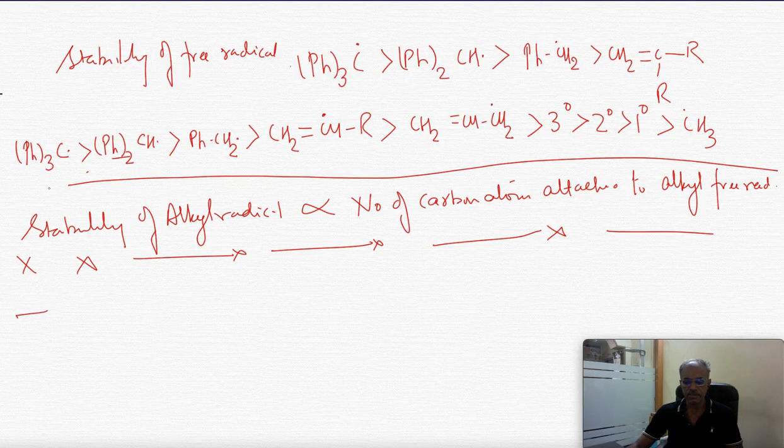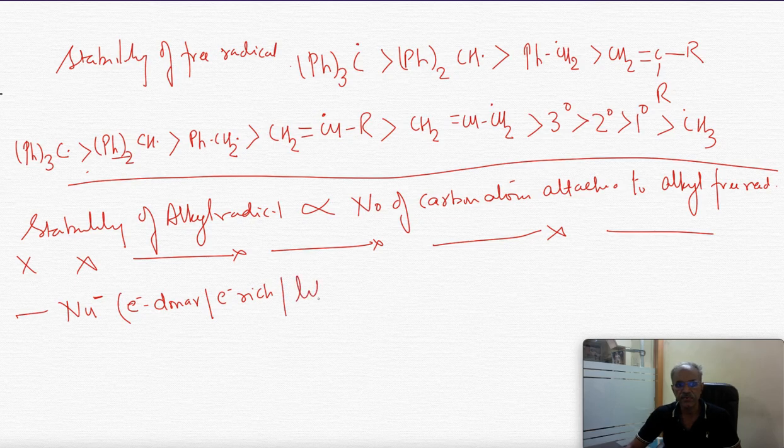Now, what do you mean by a nucleophile? I'll write in short form, nucleophile Nu minus, which is nothing else but an electron donor. That means electron rich. That means it has a liking for positively charged species, a positively charged center. Right? Similarly, what do you mean by electrophile?